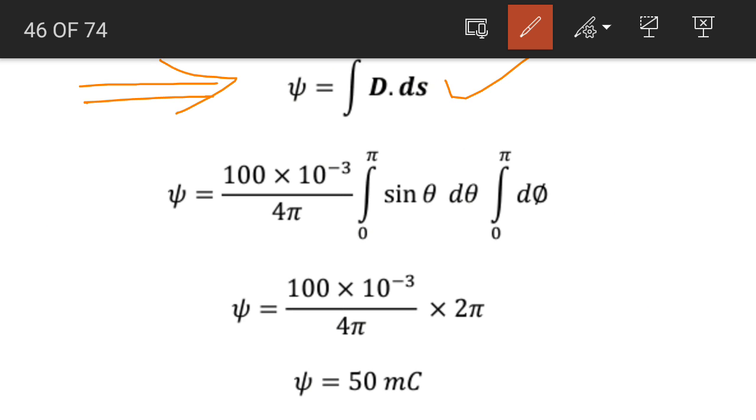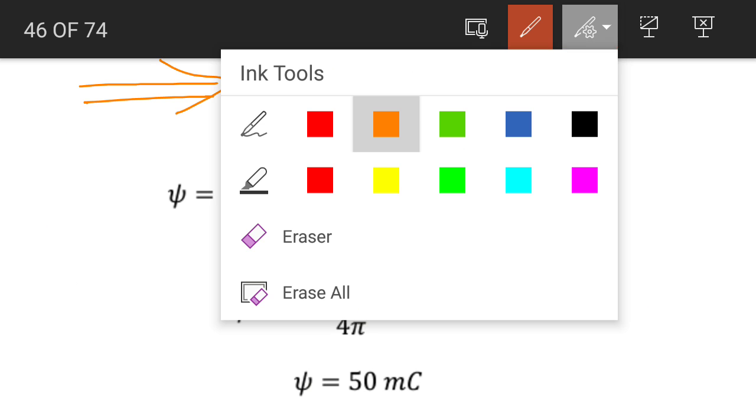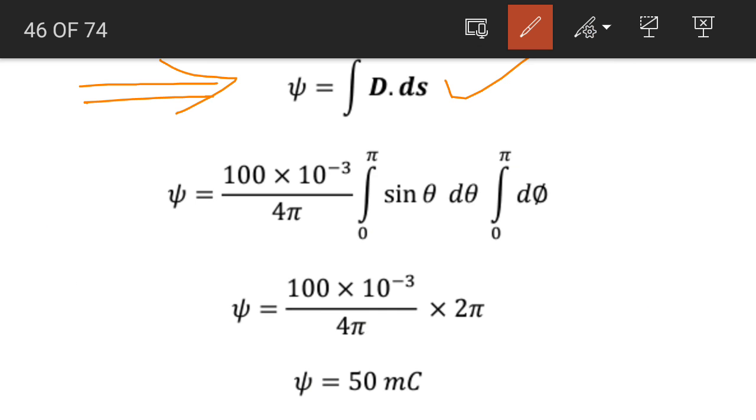So the flux will be equal to 100 into 10 raised to power minus 3 by 4 pi, and then we have the integration of sine theta d theta. The limits for theta are 0 and pi, and then we have the integration of d phi, and we know the limits of phi as well.